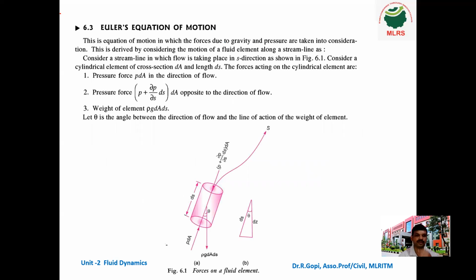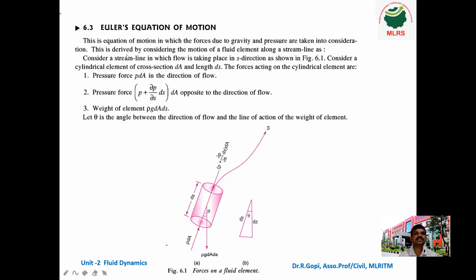Now we will start the derivation of Euler's equation. This is the equation of motion in which the forces due to gravity and pressure are taken into consideration. As I already told, we are considering only two forces, gravity force and pressure force.